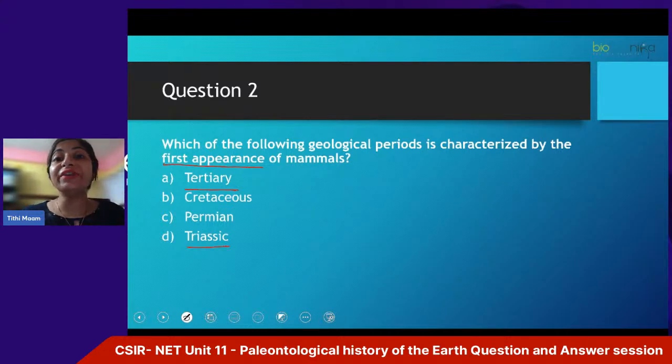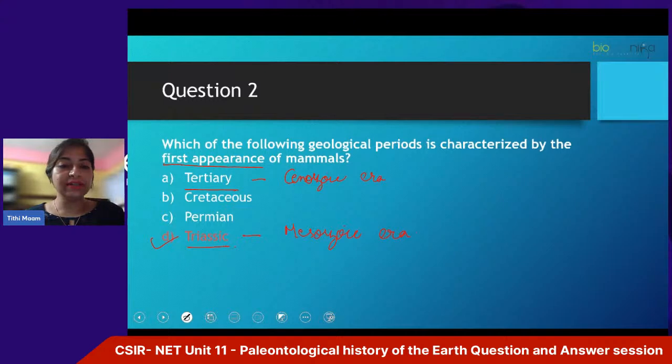They are in different eras altogether. Tertiary is in the Cenozoic era, whereas Triassic is in the Mesozoic era, and it is in the Mesozoic era that the mammals evolved. So, which of the following geological periods is characterized by the first appearance of mammals? The answer will be option D, Triassic.